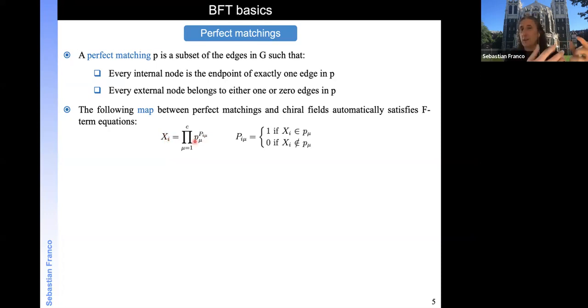So a chiral field x1 might be a product of 3 or 4 perfect matchings, which are all the perfect matchings that contain that chiral field. This is a very convenient map of variables because it automatically satisfies all the vanishing F terms that come from the superpotential defined by the graph.